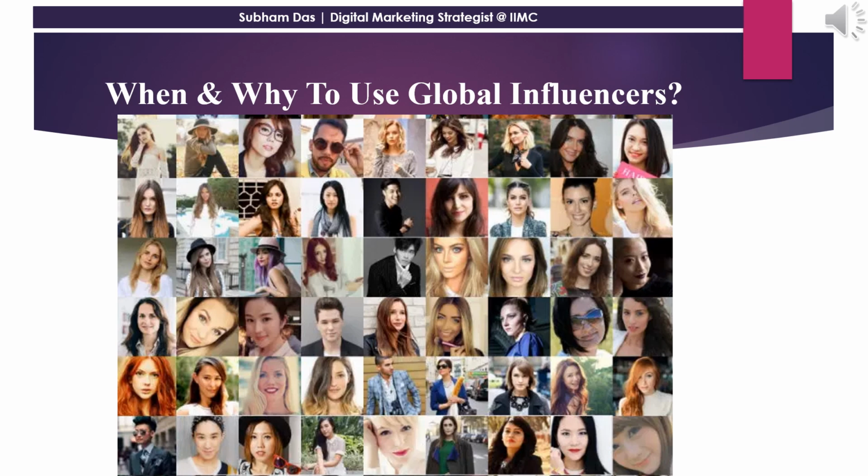So they have appeared in more than one country. These are global influencers. Your brand can use them, very obviously, when it wants to localize from one location to another and influence people in two different locations.